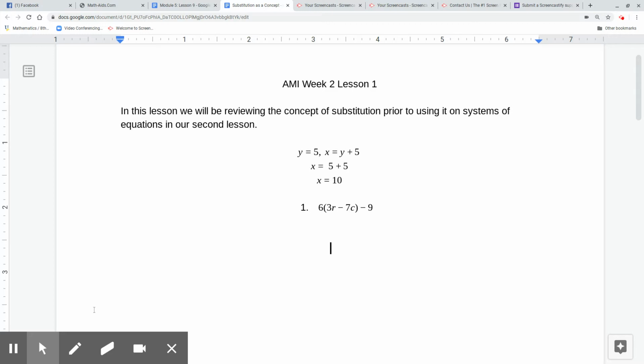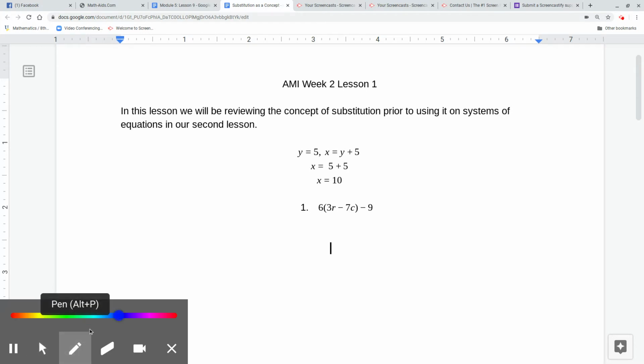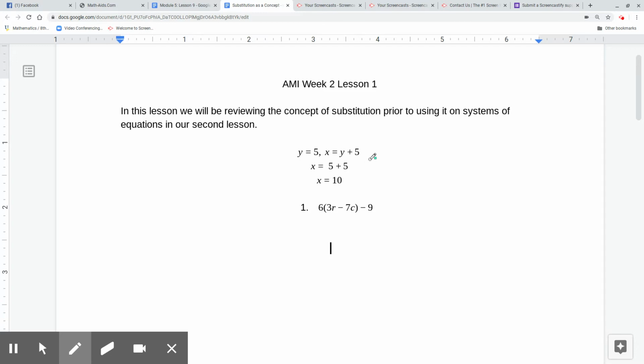So if you'll take a look at what we have here, here's a pretty simple example of what I mean by that. So here I have in our first step, y equals 5 and x equals y plus 5. In our little example here, what we're trying to do is find what x is equal to and what y is equal to. So to solve for x, I'm going to substitute in the value of y, which is 5.